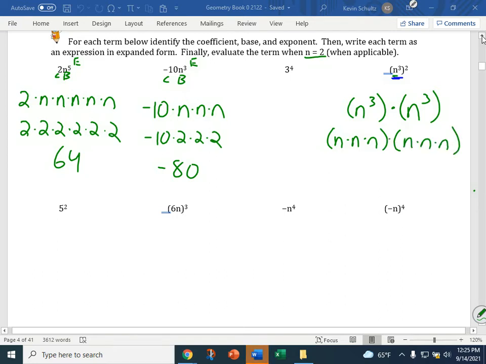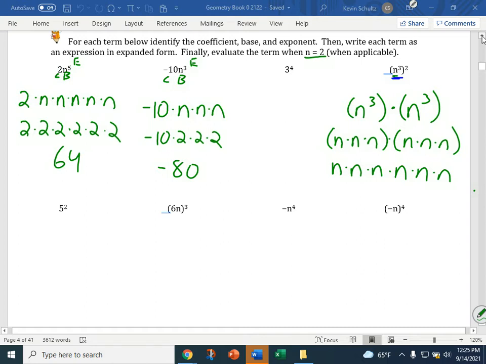Because we're just multiplying straight across, we don't need those parentheses anymore. And so we have 6 n's all being multiplied. So when you have more than one power, you've got to account for them both. Kind of work from the outside in. What's being squared? N cubed. What does n cubed mean? N times n times n. And then, of course, you would solve it for when n equals 2.